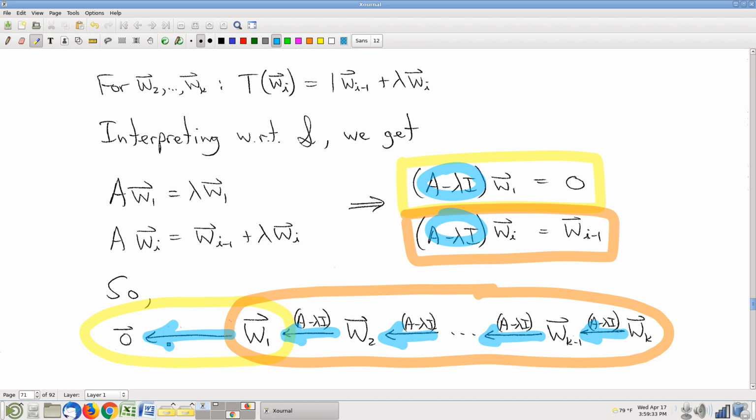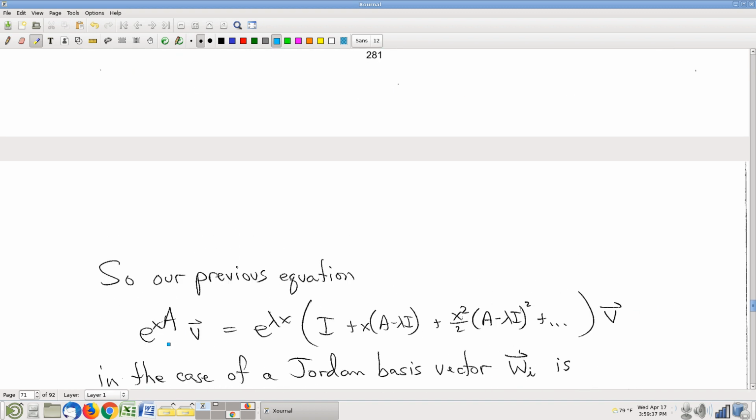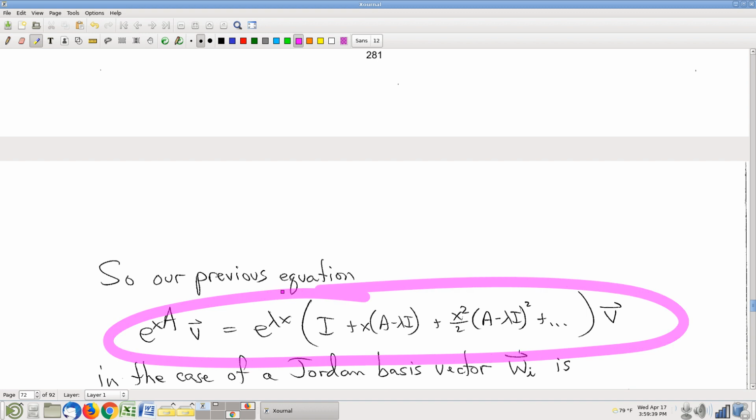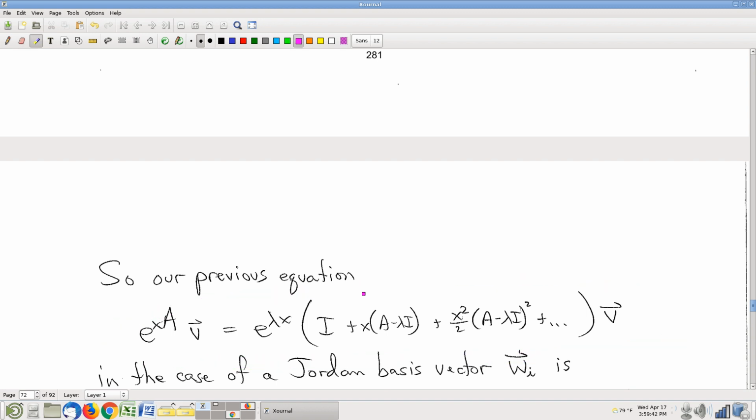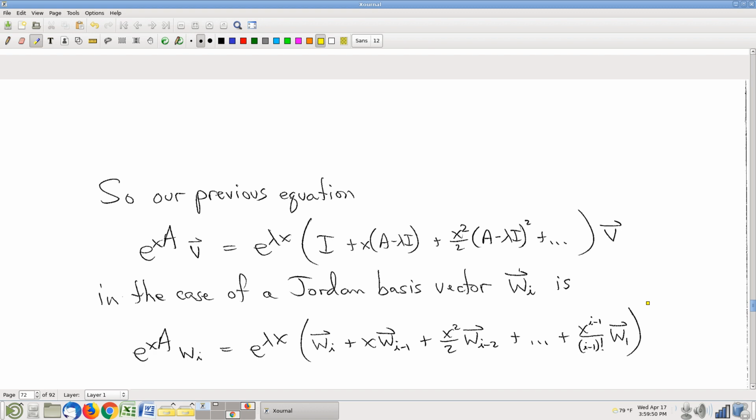Okay, let's, again, put it all together. Here's what we're trying to understand. We're trying to understand this equation. We're going to plug in a Jordan basis vector. Let's put this Jordan basis vector into there.